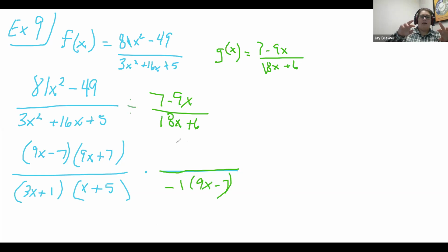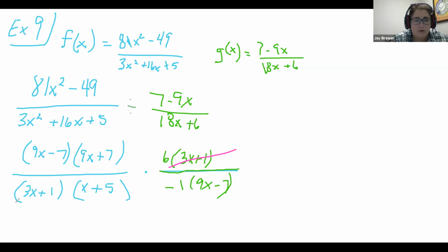And then the 18x plus 6, when we move it to the top, what can we factor out there? What's common in both 18 and 6? 6. Very good. So we're going to pull that 6 out. We're going to end up getting 3x plus 1, and that is also going to be able to be canceled.